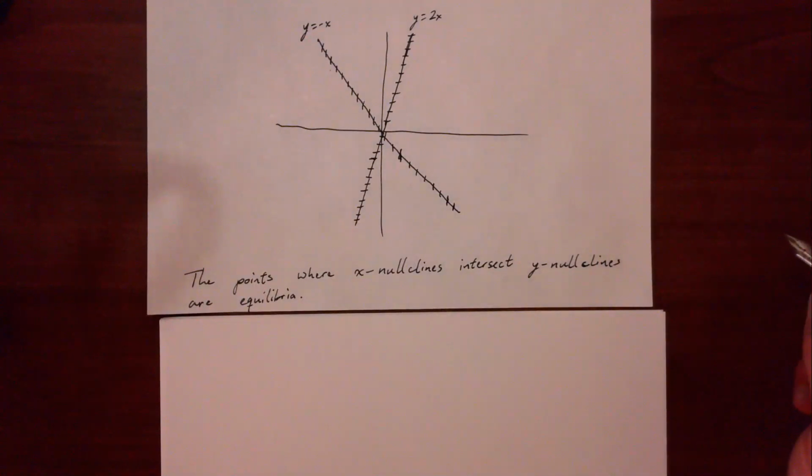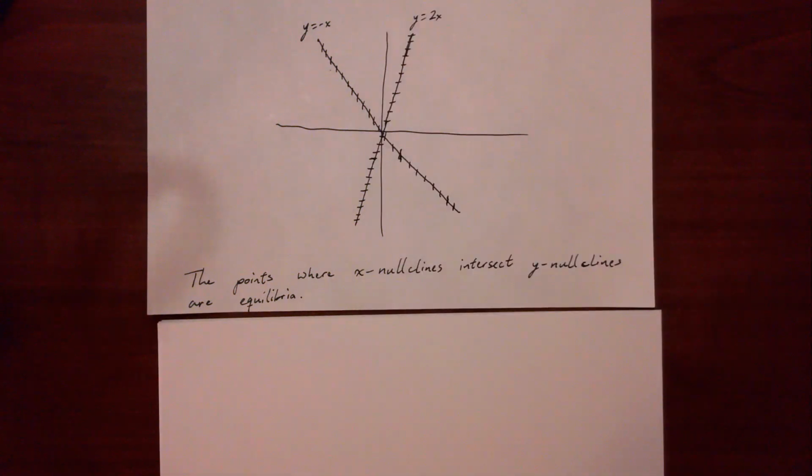What we can do is figure out whether the dy and the dx are positive or negative, and we can use that to help us orient the direction that a curve would have while it was traversing these sections.